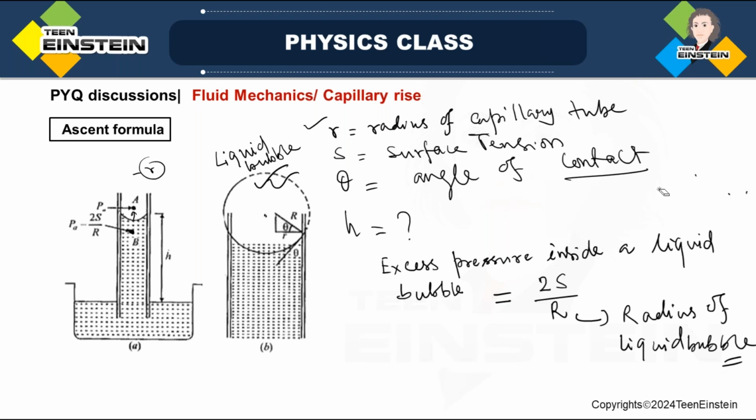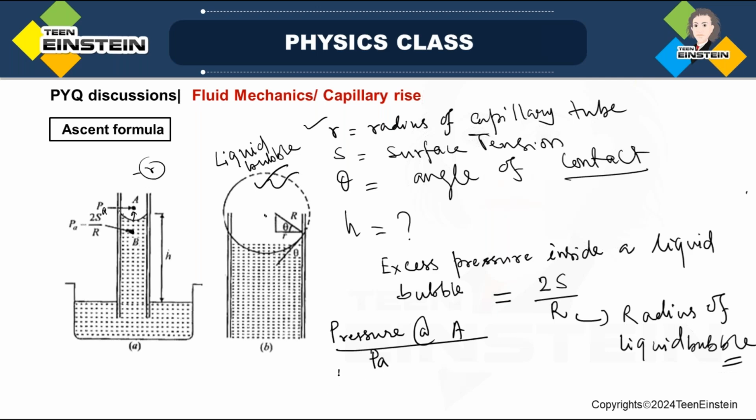All right, and at this position there will be excess pressure. How much? This much. If I say the pressure here at A is PA, then what will be the pressure at B? Pressure at A, I'm taking just PA.